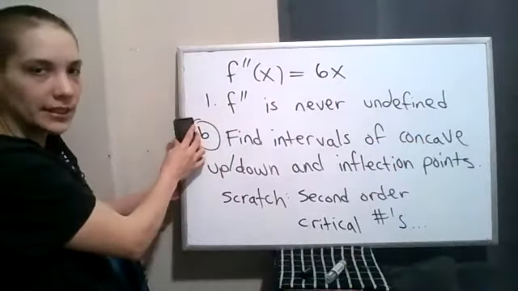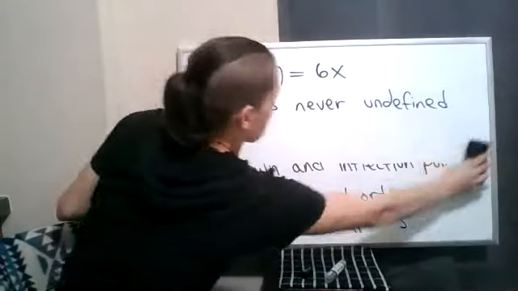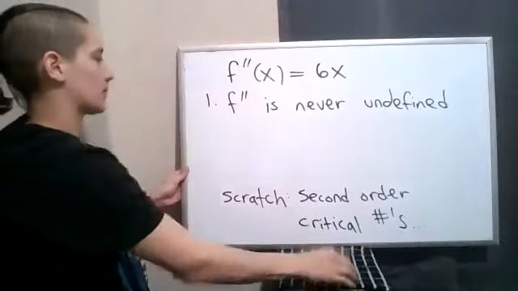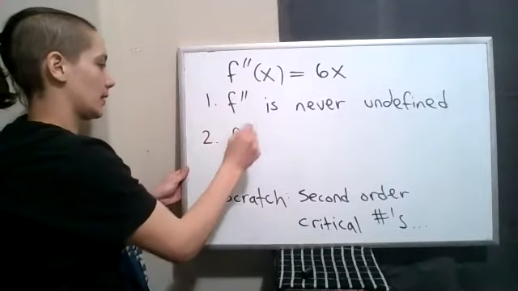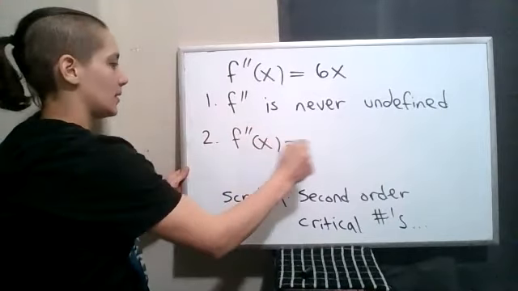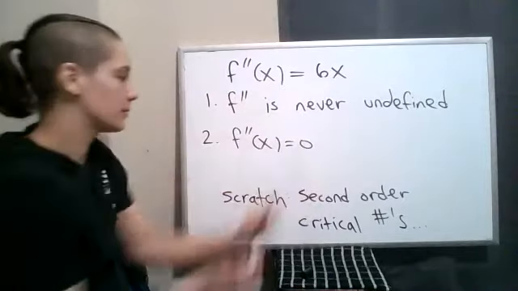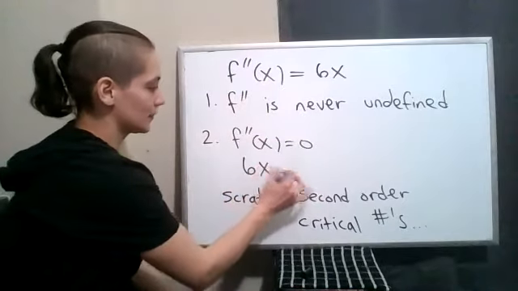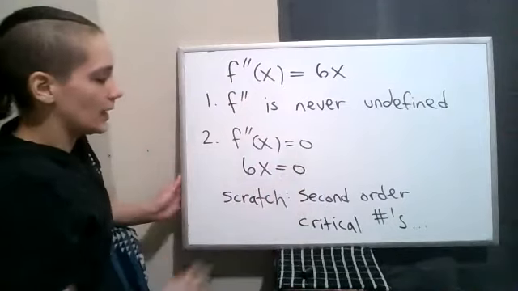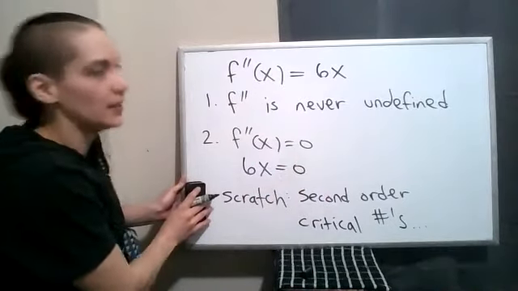What if it's equal to 0? Okay, put 6x right here, equal to 0. x would be 0, and then we start a sign chart.